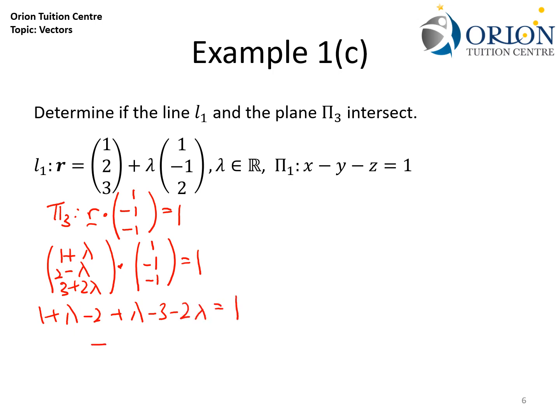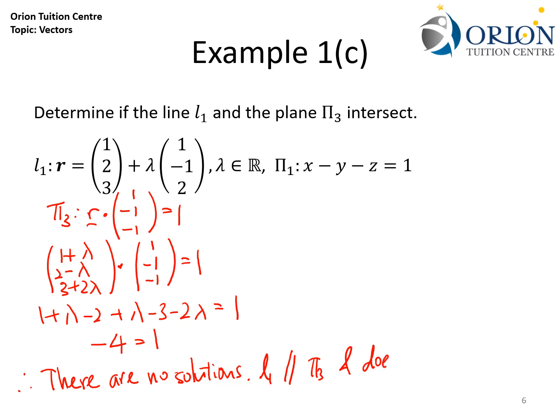The left hand side simplifies to be -4 and the right hand side is still 1. So I know that whatever value of lambda I use, this equation will never be satisfied, and therefore there are no solutions. L1 is parallel to pi3 and does not lie on pi3.